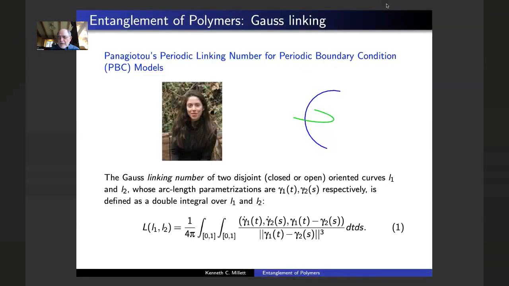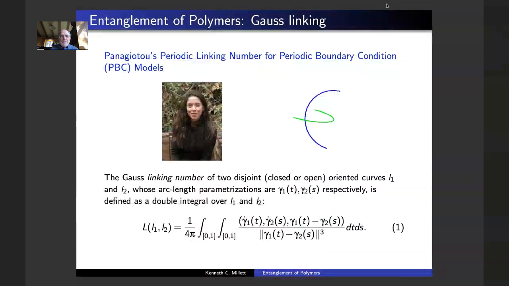In my mind, she started in this endeavor wanting to look at linking between chains, let's say linear chains, and so the idea that she pursued already in her master's thesis, as I recall. I should know about this because I was one of her supervisors.